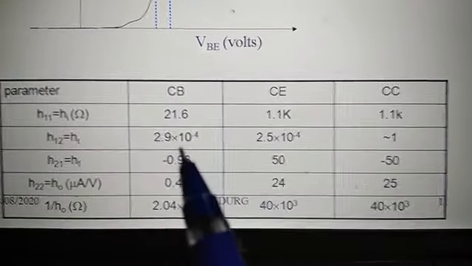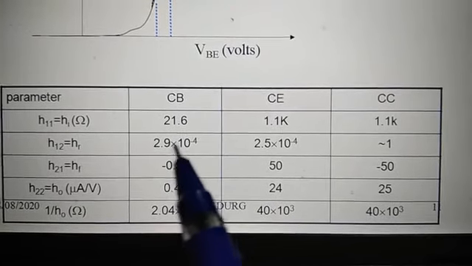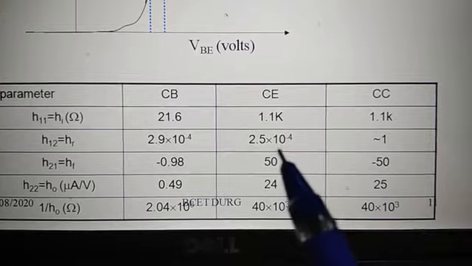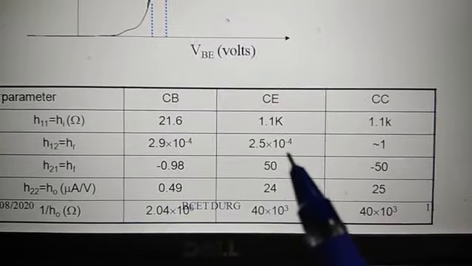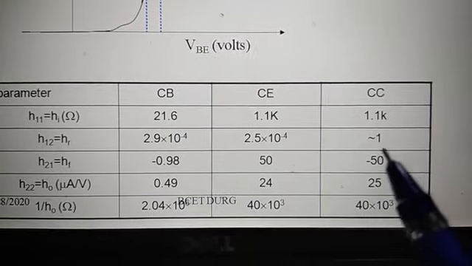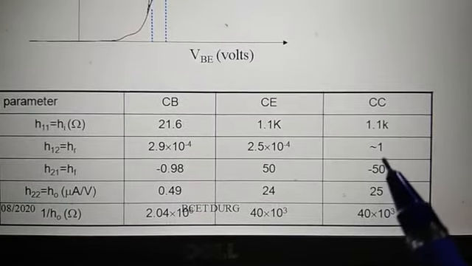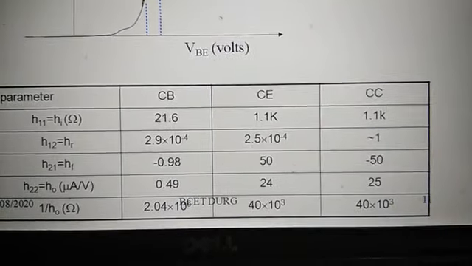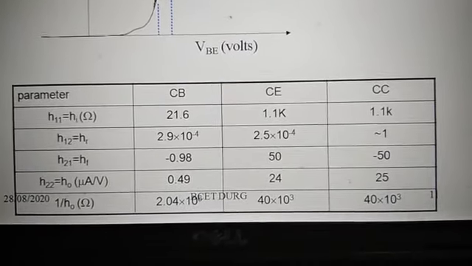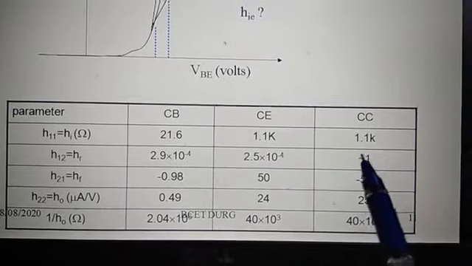This value in common base is 2.9 into 10 raised to minus 4, that is HRB. Here HRE is 2.5 into 10 raised to minus 4, and here HRC, in the case of common collector, the voltage gain is nearly equal to 1, whether it is a reverse voltage gain or a forward voltage gain. Therefore its value is 1.